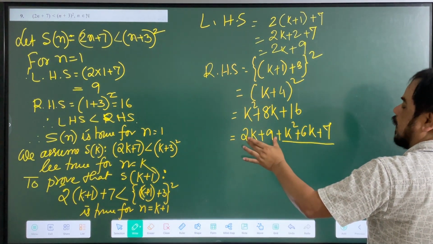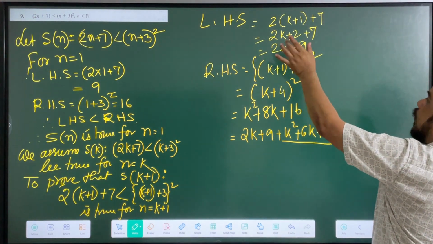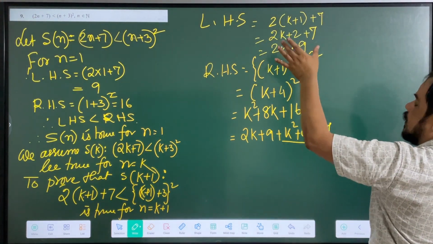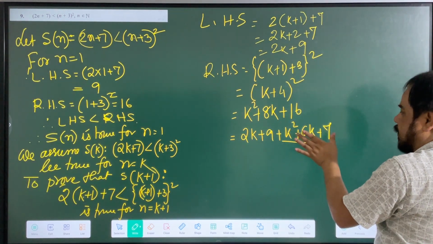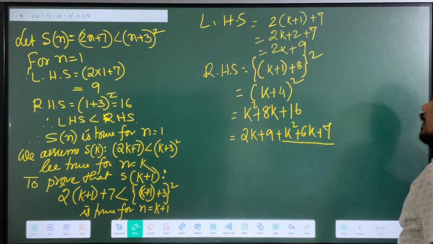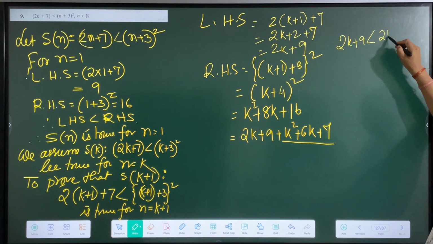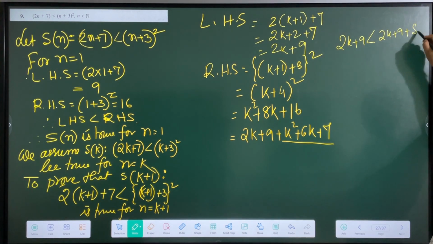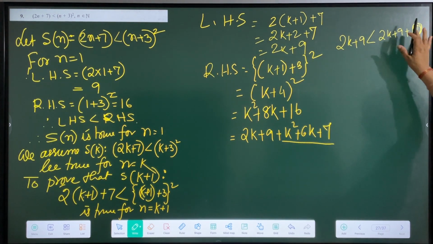Why have I written 2k plus 9 here directly? By looking at this LHS, we have to show LHS is smaller than RHS. 2k plus 9 plus something is in the right hand side, and here only 2k plus 9. Let me explain again. 2k plus 9, 2k plus 9 plus something, whatever it is. With 2k plus 9 something is added, that means this is bigger, this will be small.